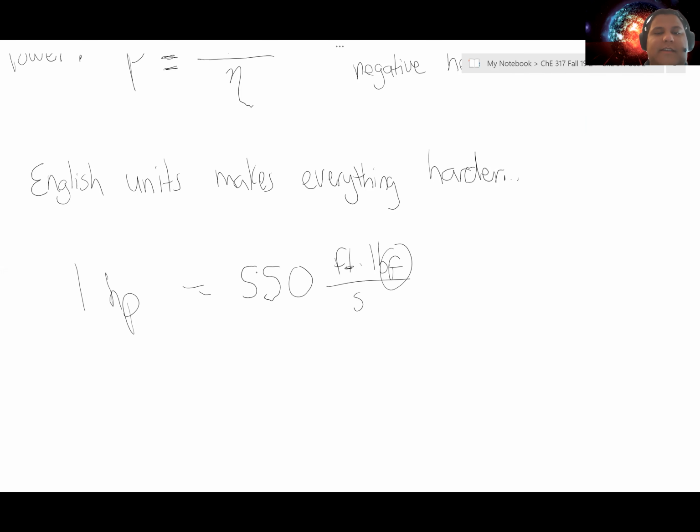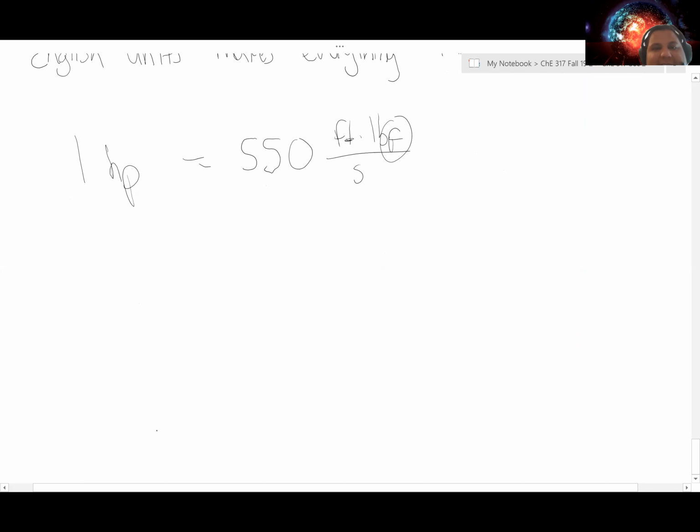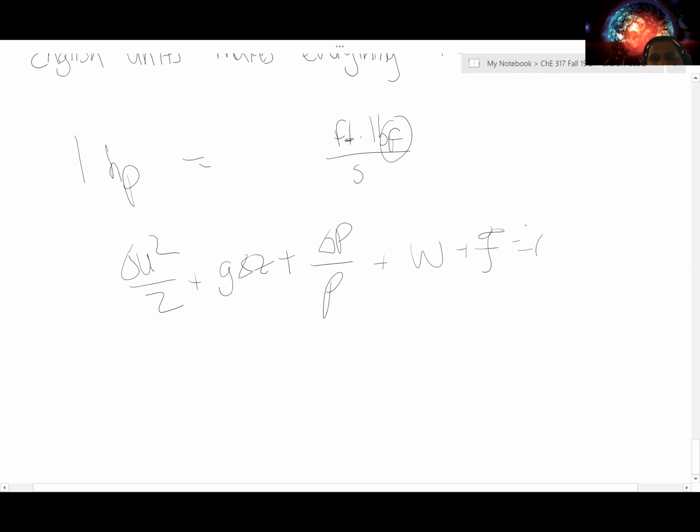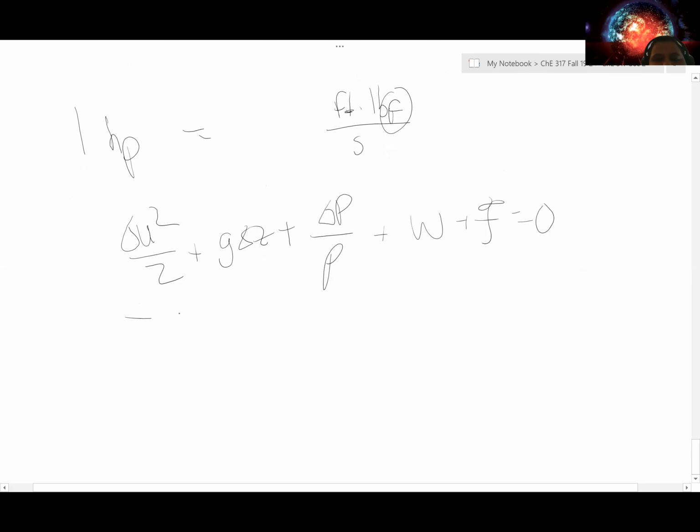So when you're looking at your energy balances, let me write it up real quick, and I apologize for my crappy shorthand. One thing you want to note, which is why I introduce it in the first day of class, is that every term must have the same units to do the math.